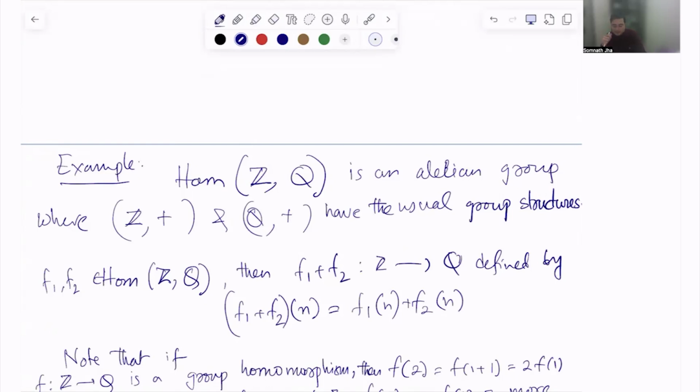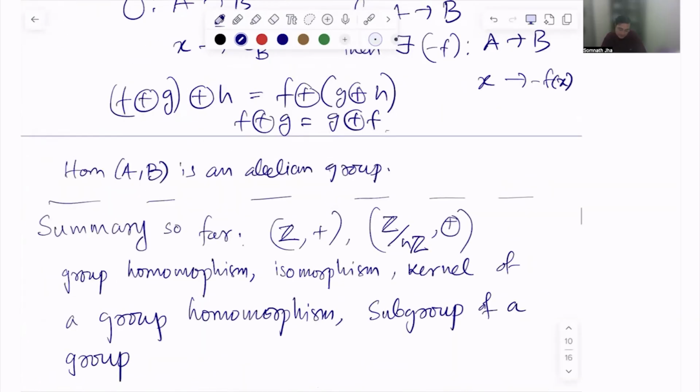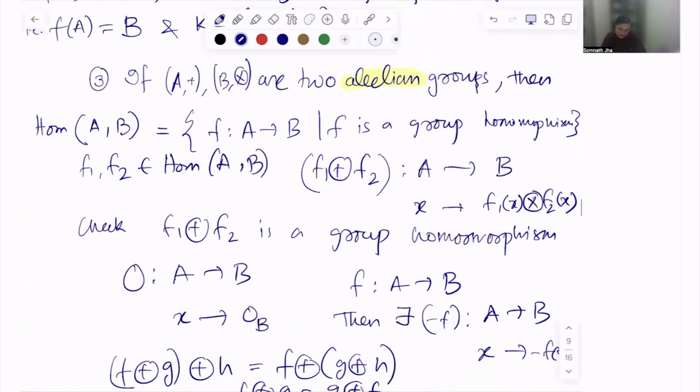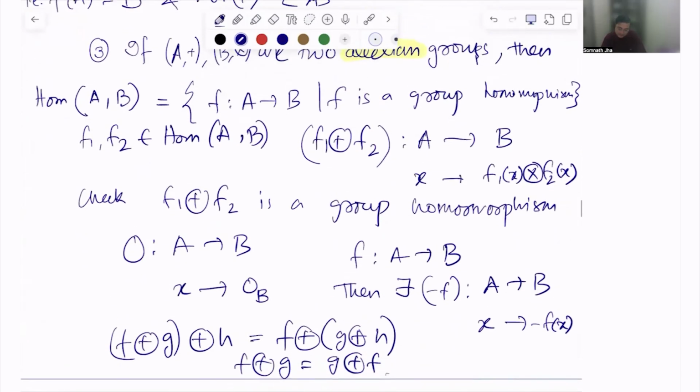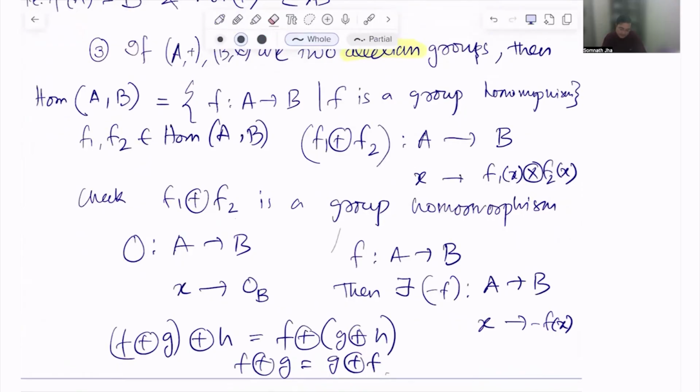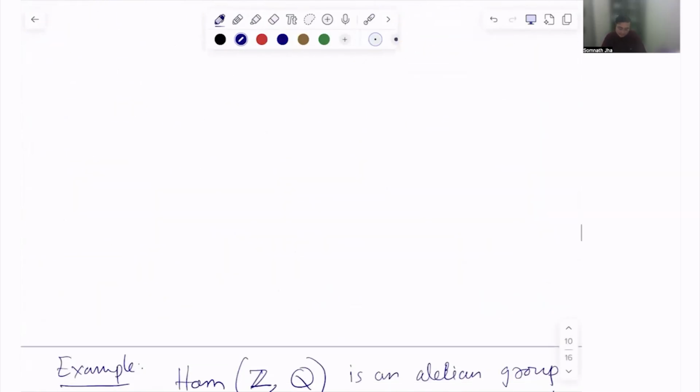So F1 and minus F1 will add to 0. That means this forms an abelian group, and this is the example we discussed last time in the last video. Here we are taking a particular example of the first group being Z and the second group being Q.